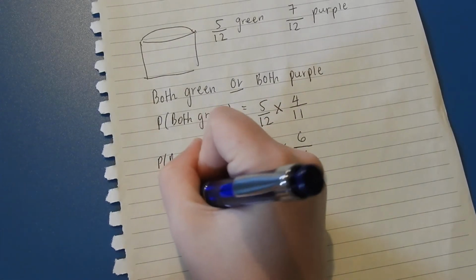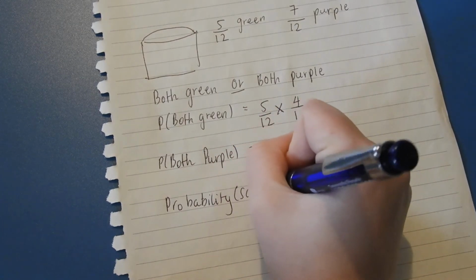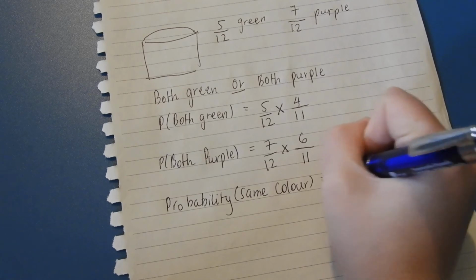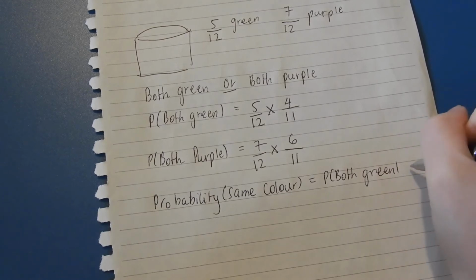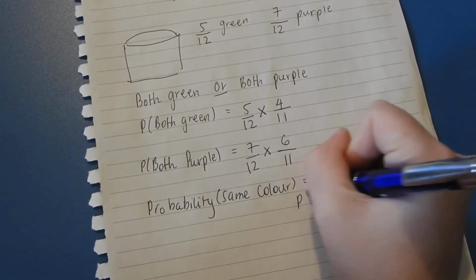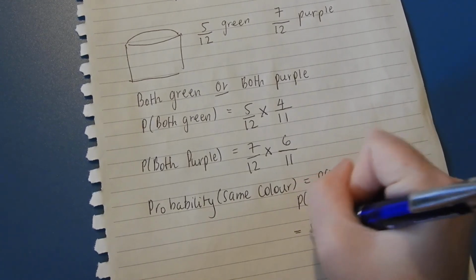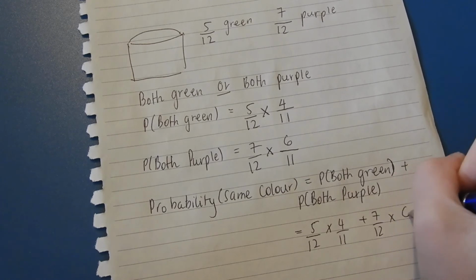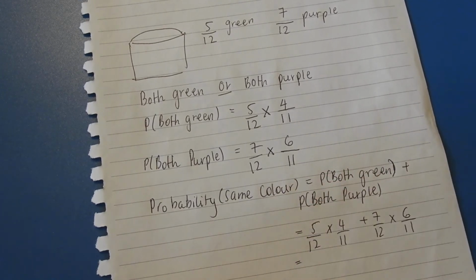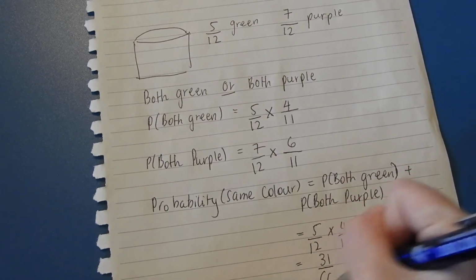So the probability of the same colour is the probability of both green plus, let's bracket, the probability of both purple. So it's 5 out of 12 times 4 out of 11 plus 7 out of 12 times 6 out of 11, which is 31 on 66. Brilliant.